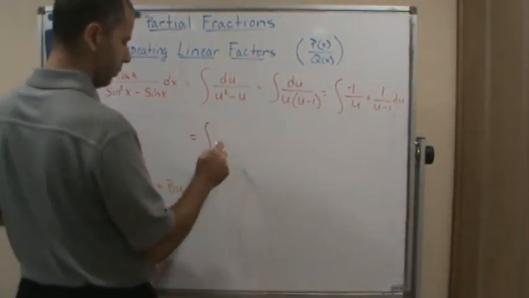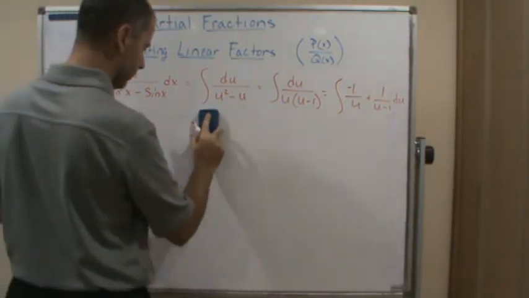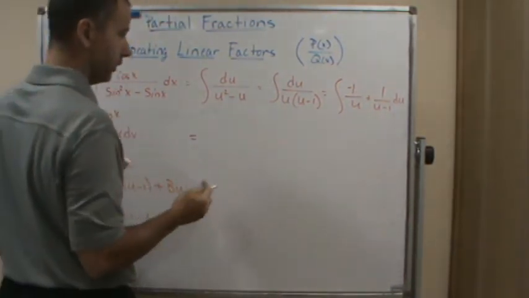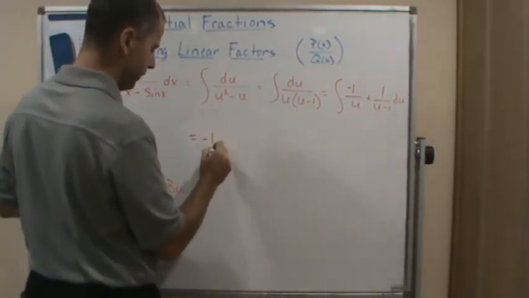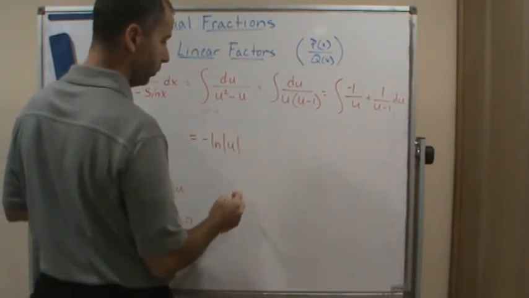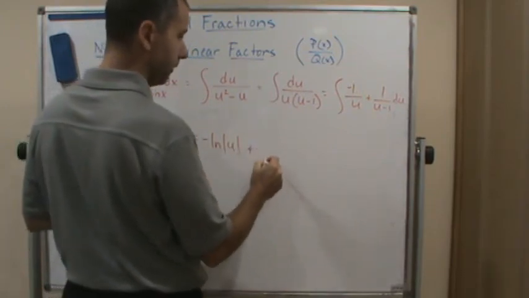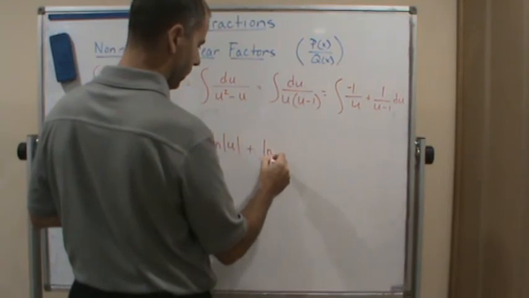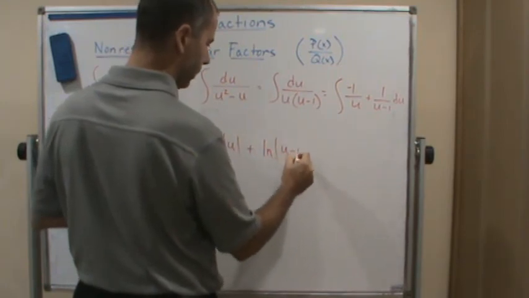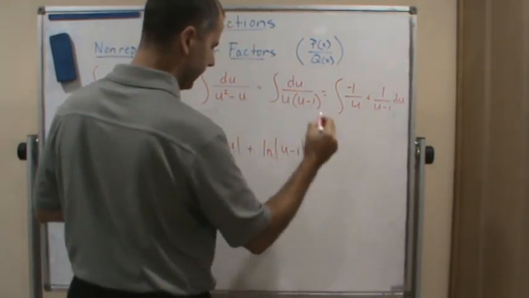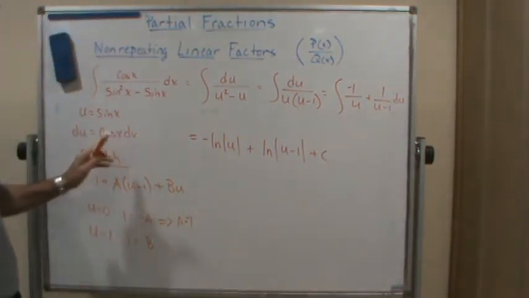And this becomes, we're integrating, so this becomes the negative natural log of the absolute value of u plus the natural log of the absolute value of u minus 1 plus c. But now we plug back into what u is.